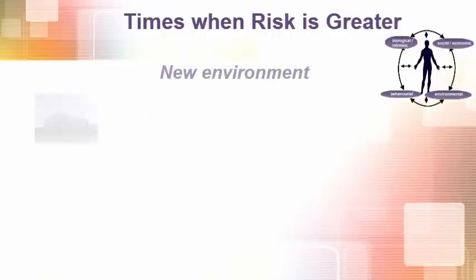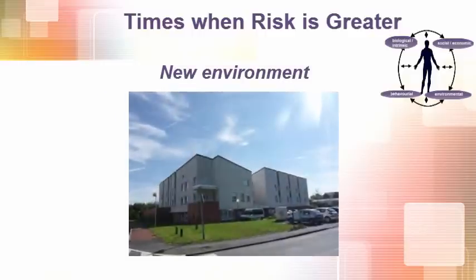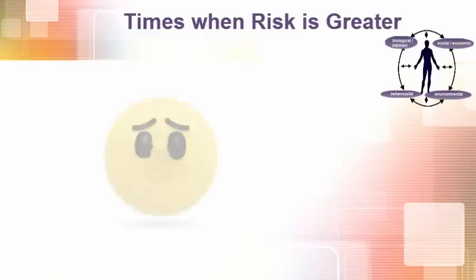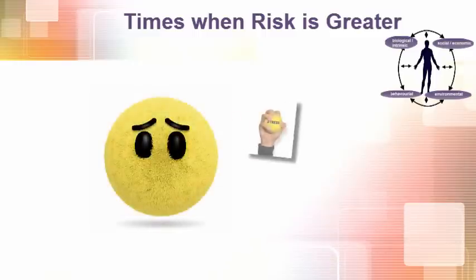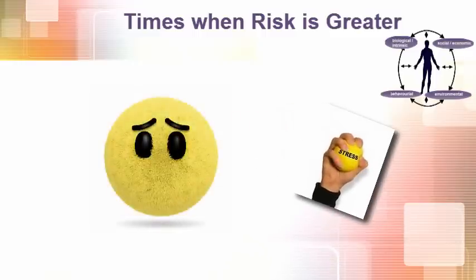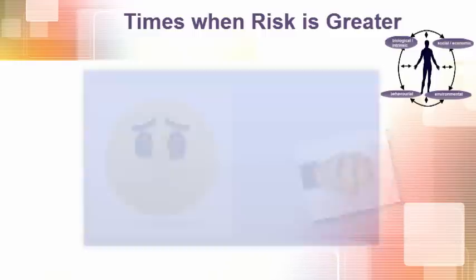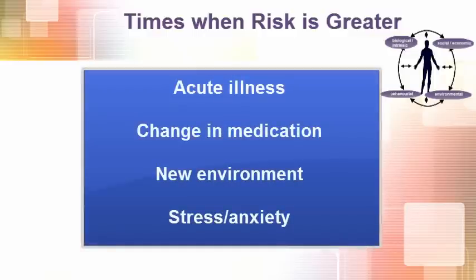A new environment, like moving to a retirement home, can create safety issues because the older adult is not familiar with their surroundings. During a time of stress or anxiety, the individual can be fatigued and distracted. Individuals and their caregivers need to be aware during high-risk times and be more attentive and cautious.